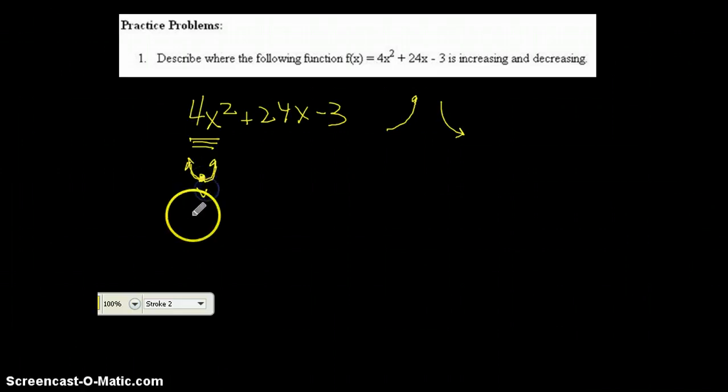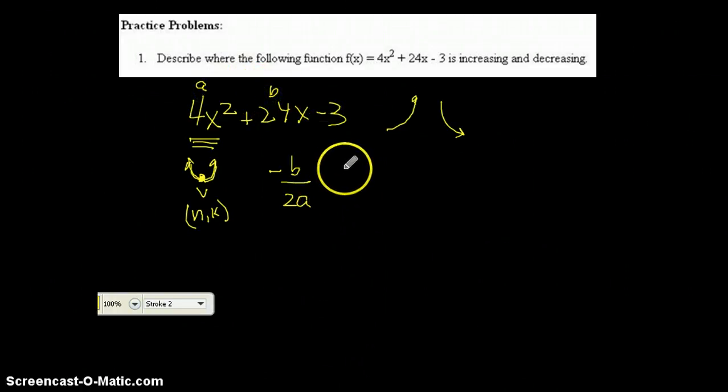Remember, that's the vertex, which is h comma k. So remember, to find h, we could do a complete the square procedure, but just remember negative b over 2a. Okay, so remember, this is a, this is b, and that's really all we need.